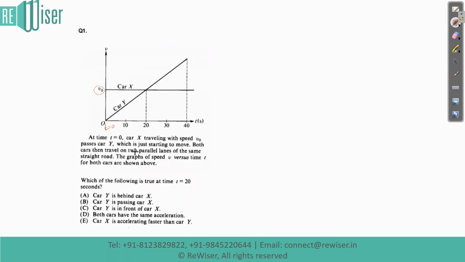Both the cars then travel on two parallel lines. So both the cars X and Y are moving in a parallel line, whereas car X is ahead, because at time equal to 0 it is mentioned here that car X traveling with the V0 speed passes Y. So it's already ahead, moving with a constant velocity V0, and car Y from u equal to 0 has started accelerating.